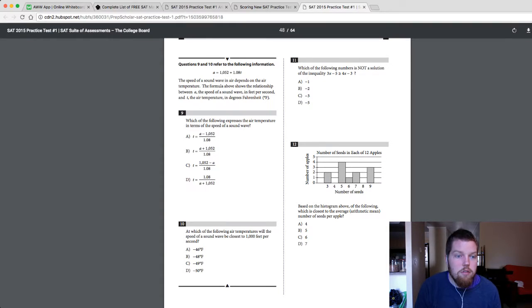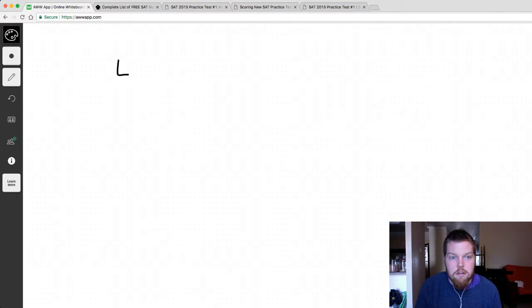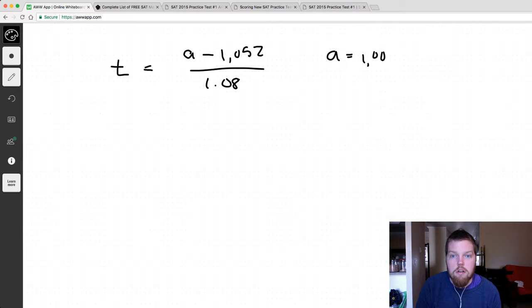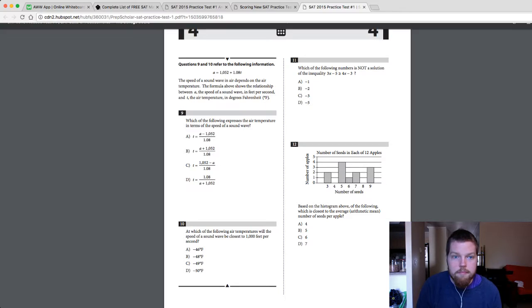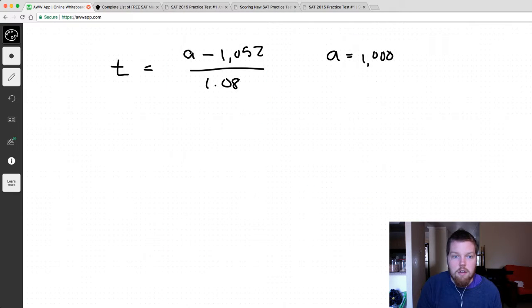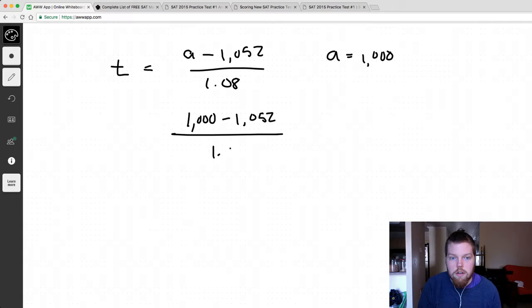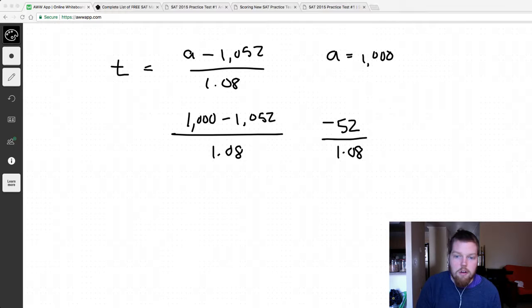T equals A minus 1052 over 1.08, and they want the airspeed to be the closest to 1,000 feet per second. So let's plug it in. 1,000 minus 1,052 over 1.08 is going to be negative 52 over 1.08, and we can use the calculator for this portion of the test.